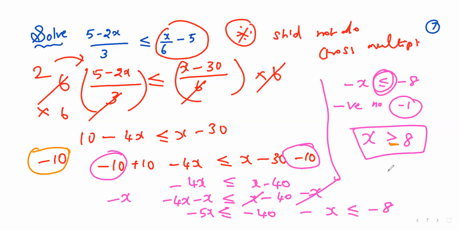So 8 should be included. For infinity, minus infinity and plus infinity, you should put an open interval only. Here it is included, so 8 should be included.